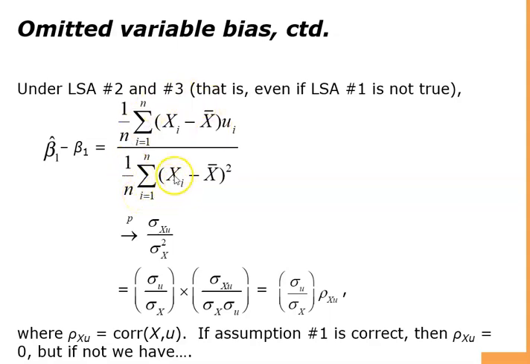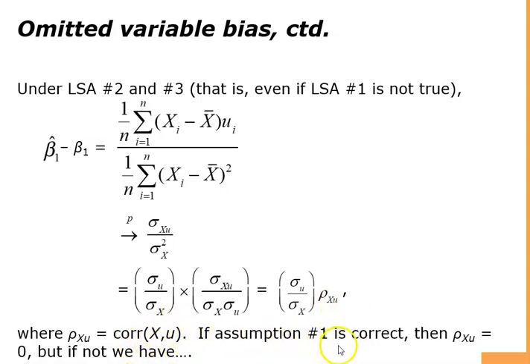We don't need to get into the details of how we solve for this, and this is shown in the appendix of the book, but if we solve for this, it will give us this fraction over here. Now in this fraction, sigma U is the standard deviation of U, sigma X is the standard deviation of X, and this last coefficient over here is the correlation between X and U.